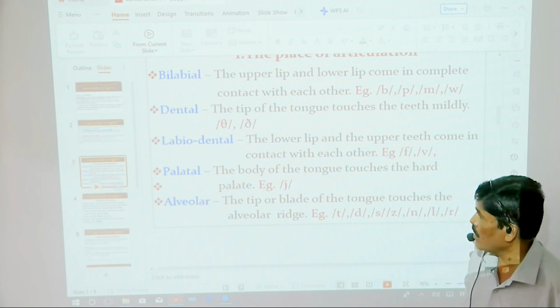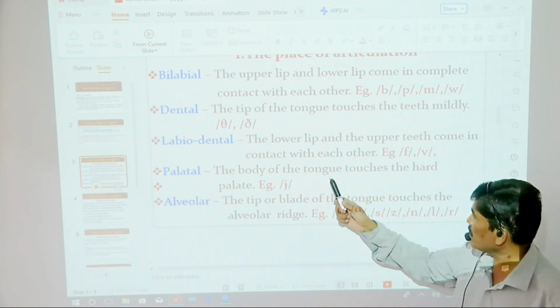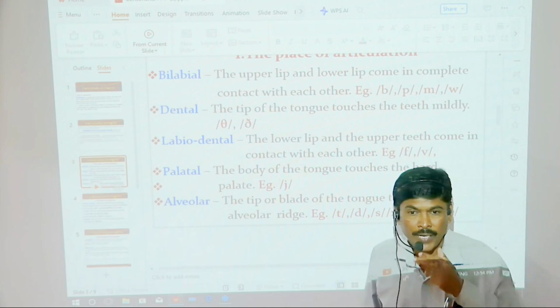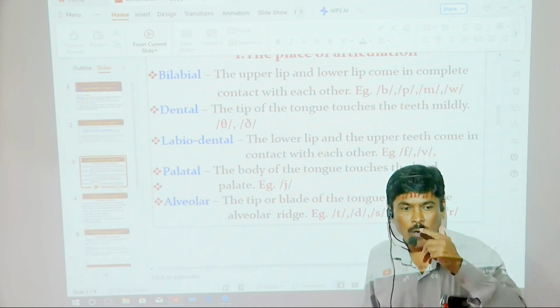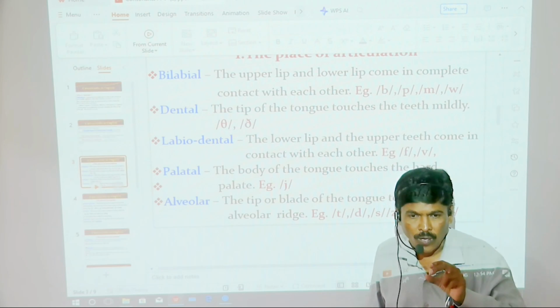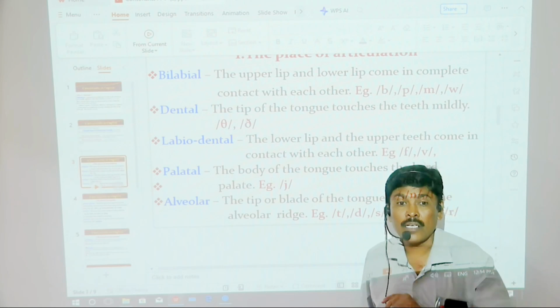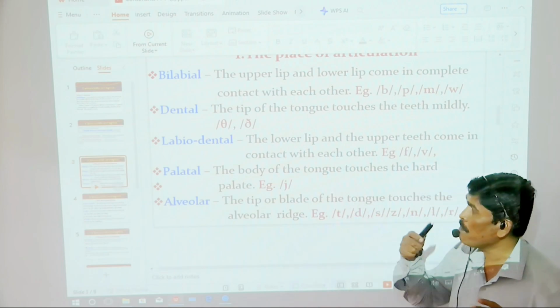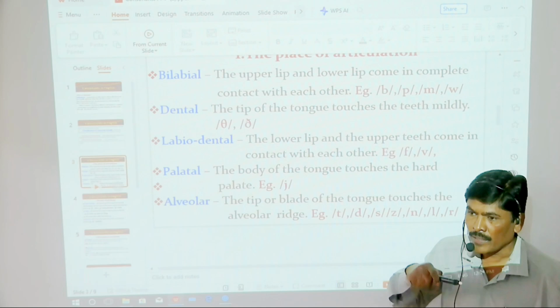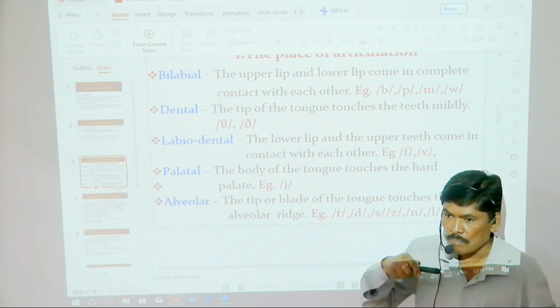Palatal sound. Palatal: the body of the tongue touches the hard palate. The upper part of the mouth cavity is a very hard part, and the tongue touches this hard part, which is called the hard palate.